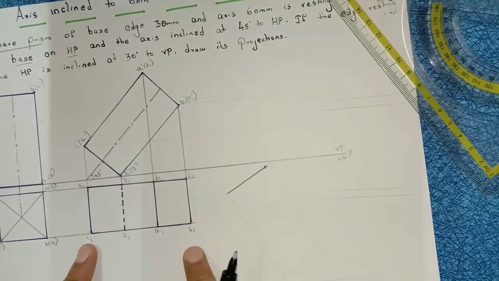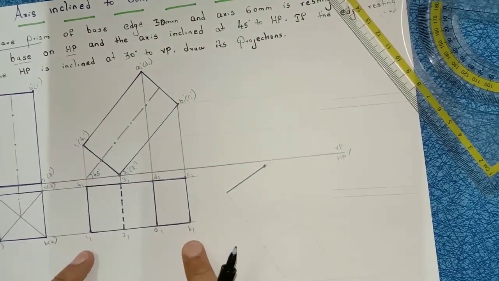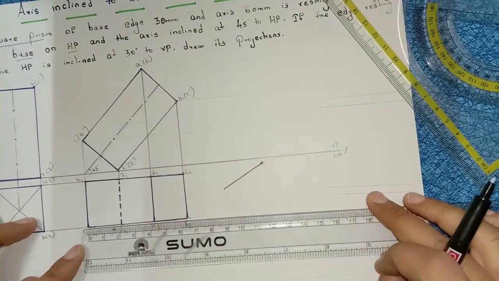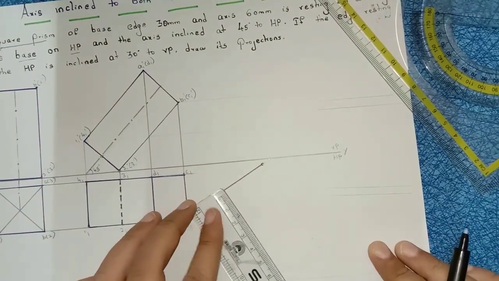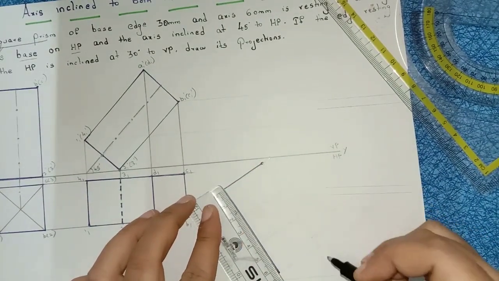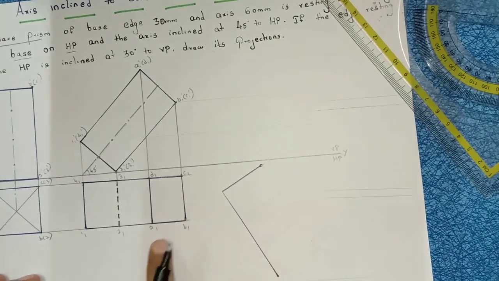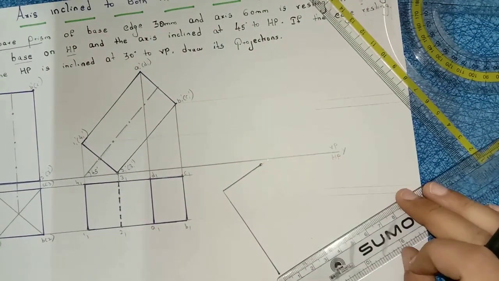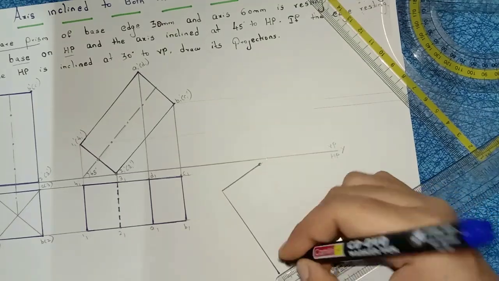Now I should construct 1 to B1. Measure this length with scale, right? Measure this 1 to B1 and draw here with an angle of 90 degrees, right? Then next B1 C1. Anyway it will be 30 mm. So B1 C1 is here 30 mm.